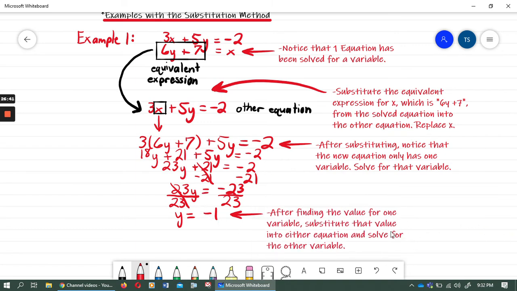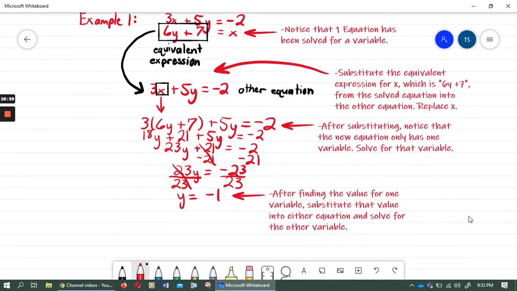Alrighty. So again, guys, it doesn't matter which equation you choose to plug that into. Since we already have one equation that's already set equal to x, and that's the other variable that we need to find, I'm just going to use that equation that's already set equal to x. Alright, so let's plug that in.